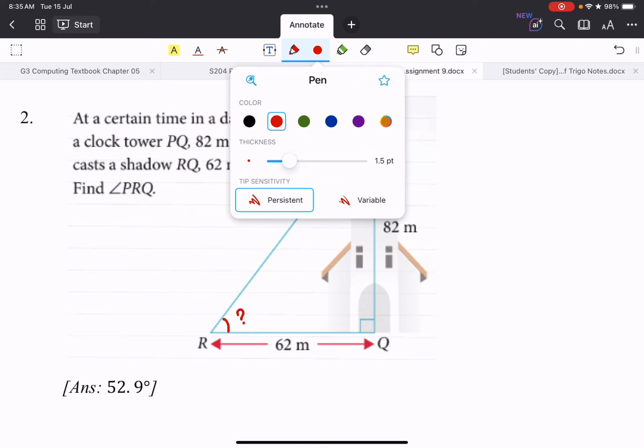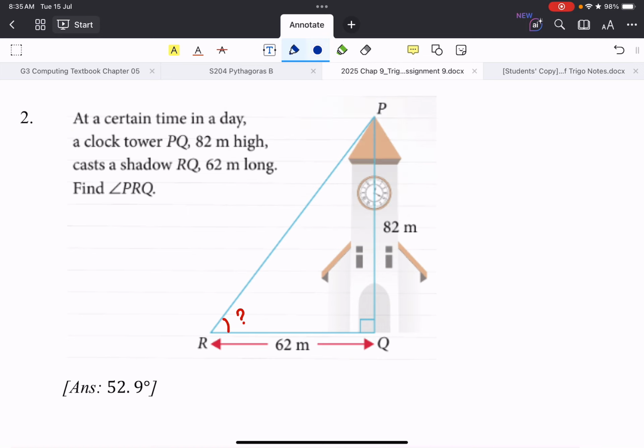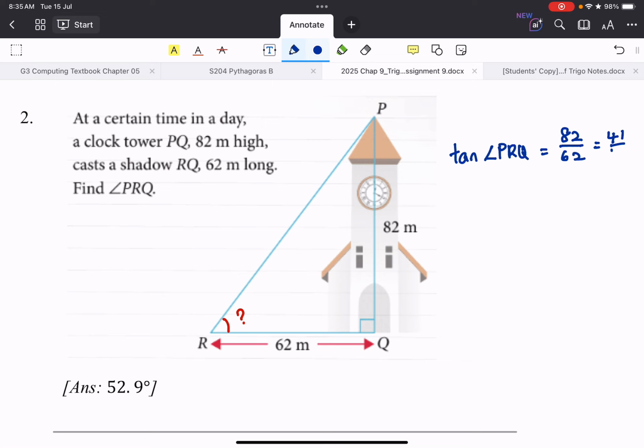So what we can do is again identify that this is the opposite and the adjacent. So tangent of angle PRQ is 82 over 62, which we can reduce to the simplest form if you want to, 82 over 62 gives us 41 over 31.